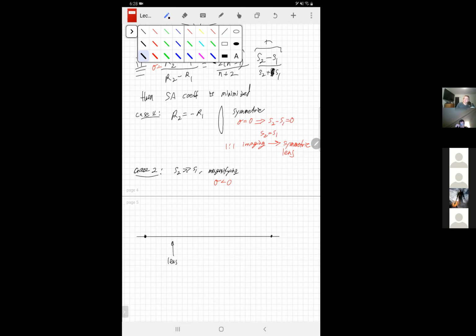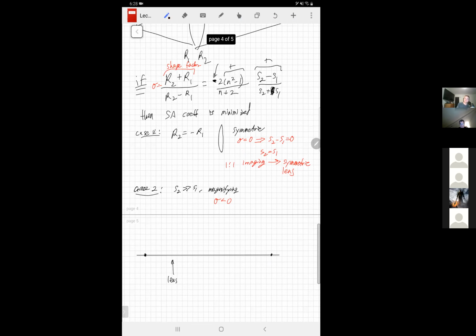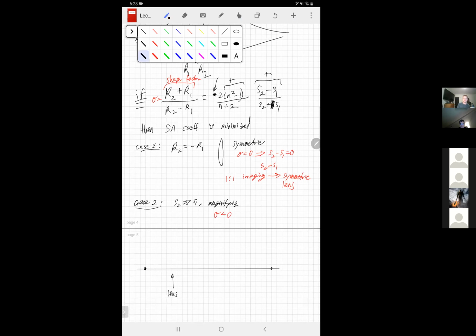All right, now if it's bulging outward, then if R2 is negative, okay, let's just try different things. Let's just start by guessing R1 is positive.